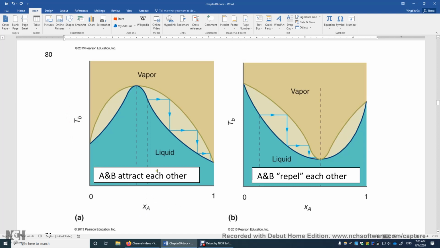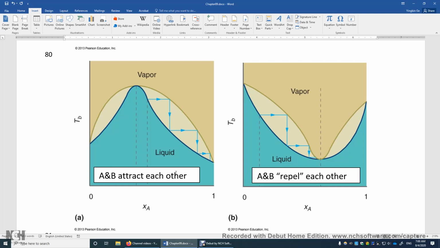In this case, A and B attract each other more than A attracts A or B attracts B. So if A and B attract each other, well, in the liquid phase, they are close to each other, they attract each other more than AA and BB, then you can imagine that attraction stabilizes the liquid phase of the mixture.